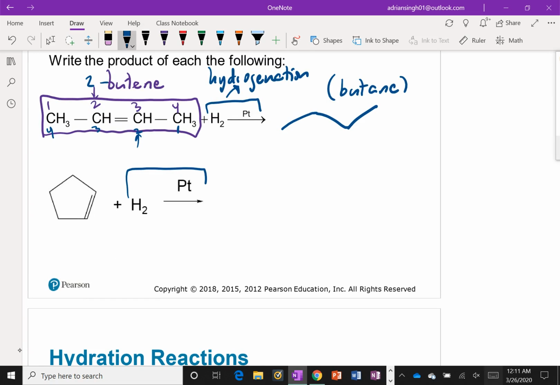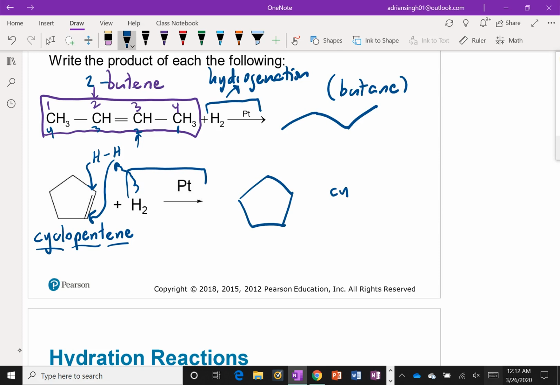This is cyclopentene, right? So a cycle, 5 carbons with a double bond. Both of those H's from the H2 are going to go to the carbons of the double bond, and we end up making the corresponding alkane, which is cyclopentane.